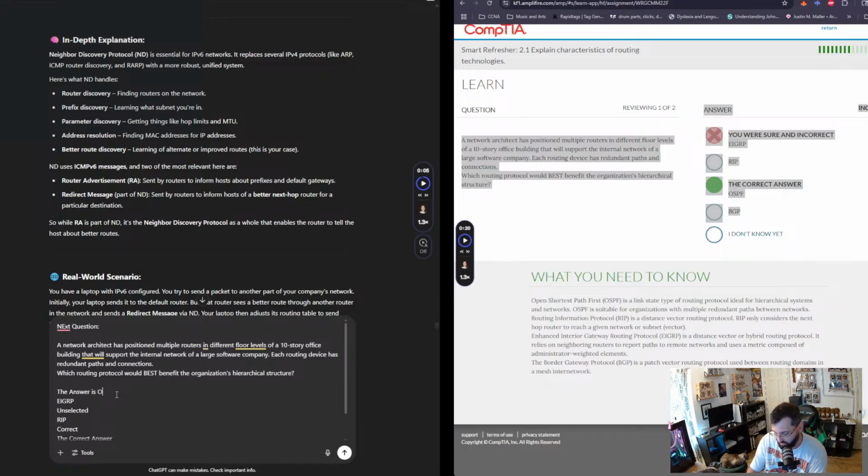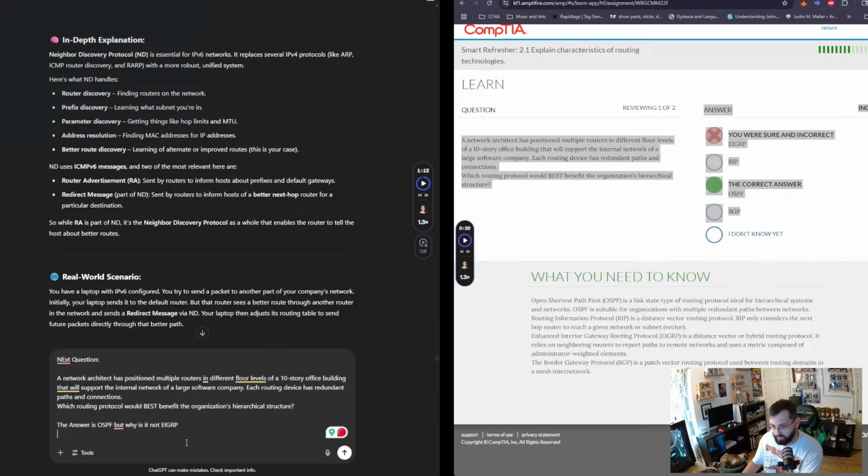What is it? OSPF. EIGRP. And then I can just get rid of this other crap.